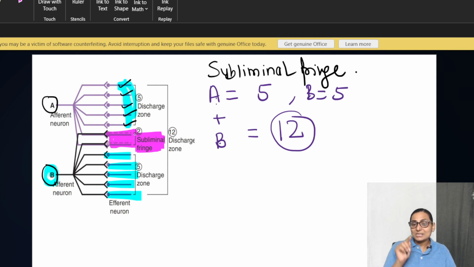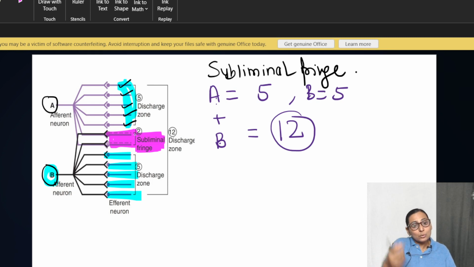These 2 other neurons were falling in the subliminal fringe. But when you simultaneously stimulated A and B, you decrease their threshold for excitation so that their local potentials are now high enough to produce action potential.